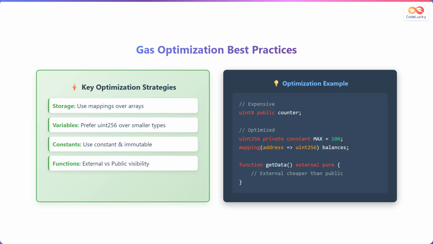Declare variables as constant or immutable when their values don't change, as this stores them in the contract bytecode rather than storage. Choose external function visibility over public when functions are only called from outside the contract, as external functions are more gas efficient for parameter handling.